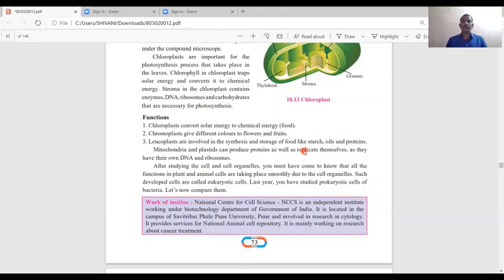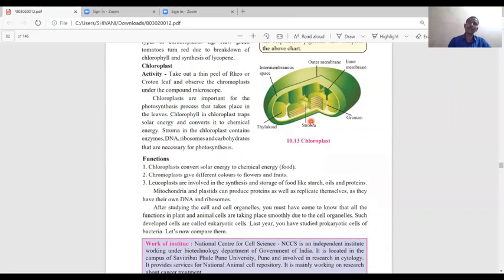Now we have studied all the important organelles of the cell. You must understand that functions in plant and animal cells are taking place smoothly due to the cell organelles.